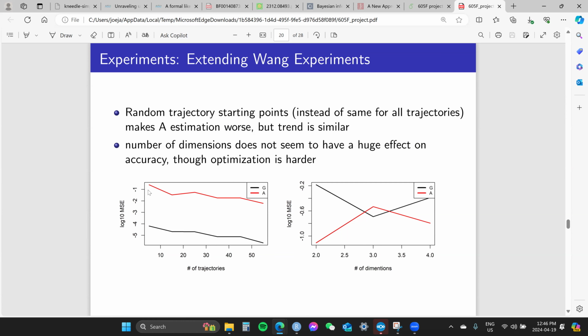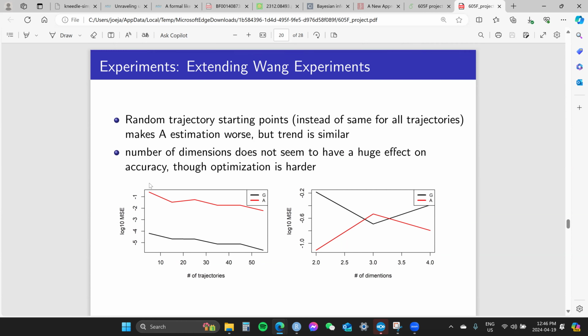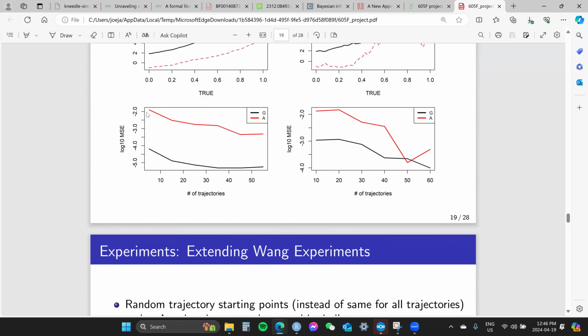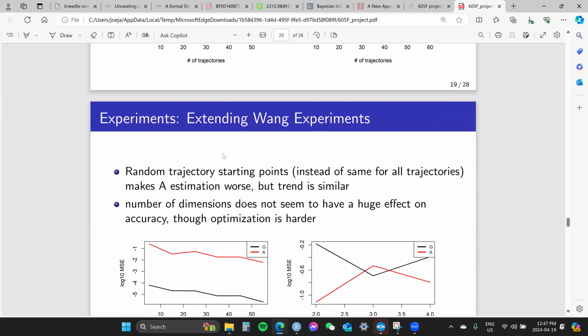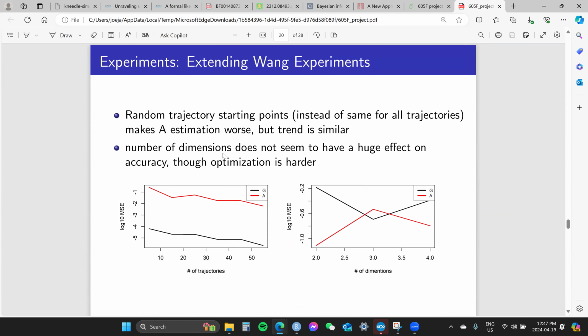So here, when we have 5 trajectories, the log 10 MSE is above -1, but up here it's like -2. So it's better to have the same starting point, but having different starting points seems to be okay. And I also tested the number of dimensions. As we increase the number of dimensions, the MSE doesn't seem to increase meaningfully, which is promising.